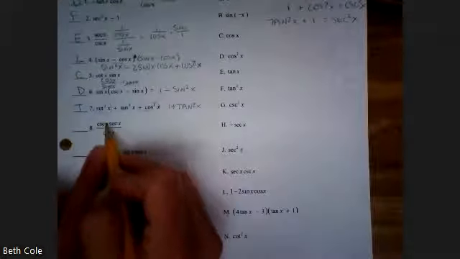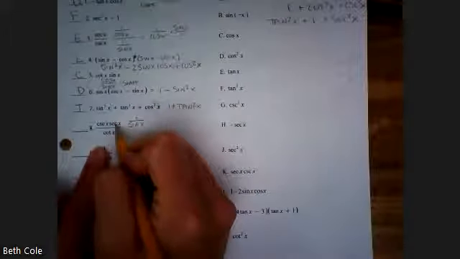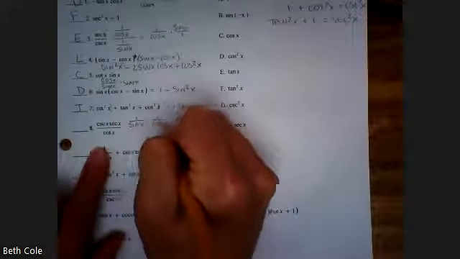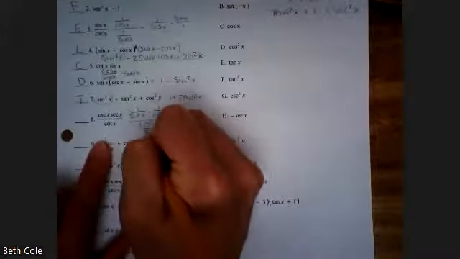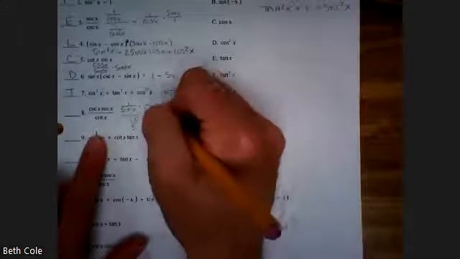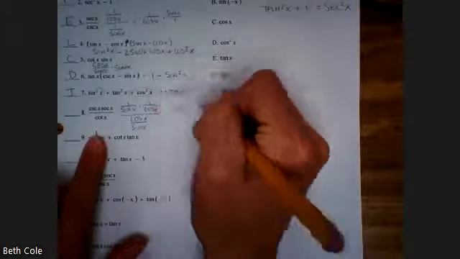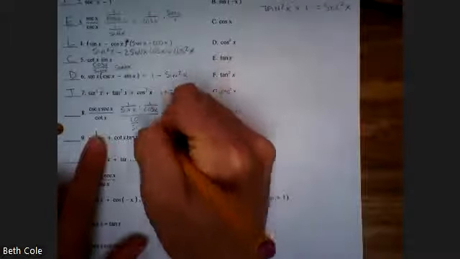Here I'm going to replace cosecant with 1 over sine. I'm going to replace secant with 1 over cosine. And I'm going to replace cotangent with cosine over sine. So again, when you divide by a fraction, you're going to multiply by the reciprocal. So we're going to have this first part, 1 over sine of x cosine x times the reciprocal.